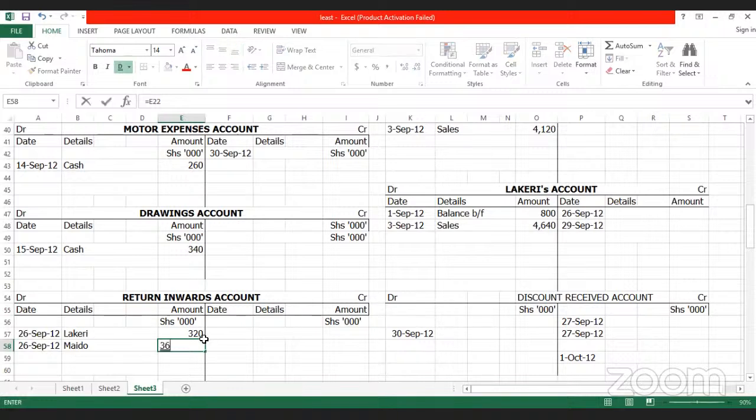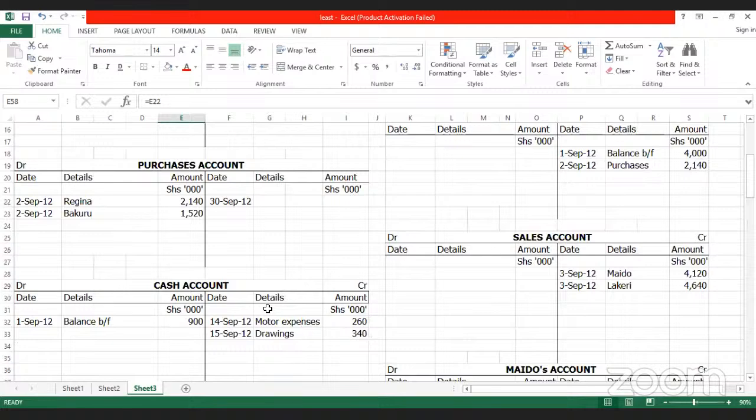But because of the double entry rule, as we debit, there has to be a corresponding credit entry somewhere. So we have to go to the customers' accounts and make credit entries.